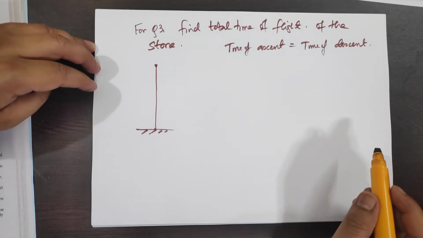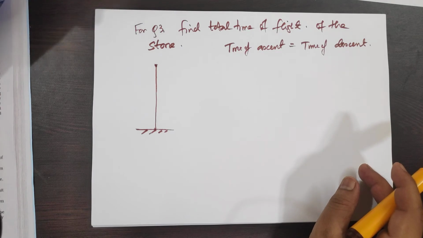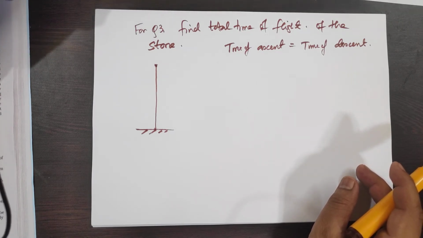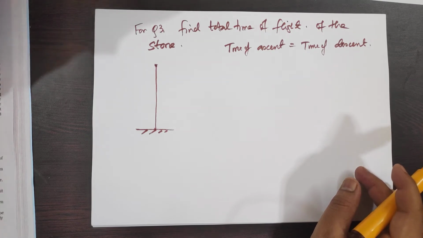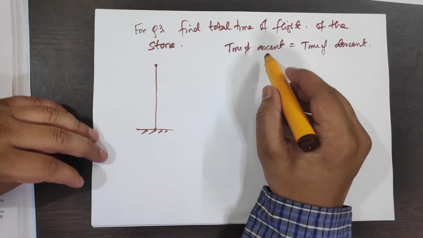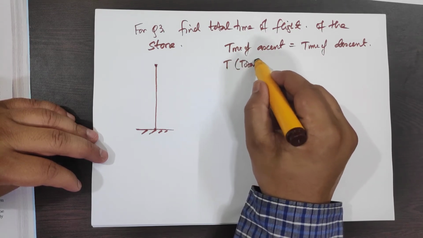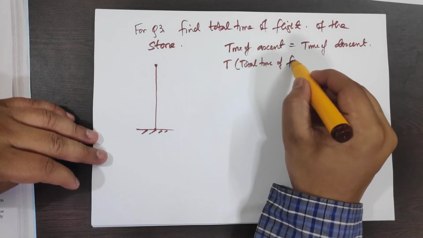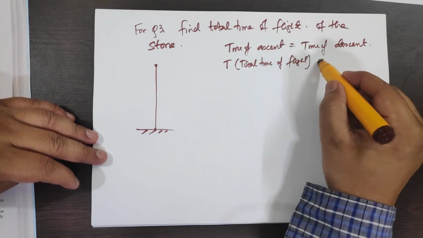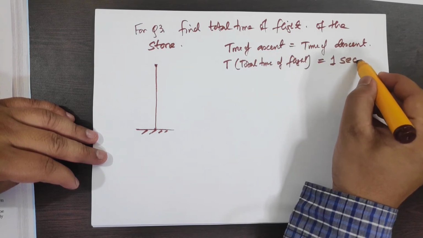So time of ascent was how much? We have calculated in question 3. Yeah, it was 0.5 second. Time of ascent was 0.5 second. So total time of flight will be twice of that, so it's 1 second.